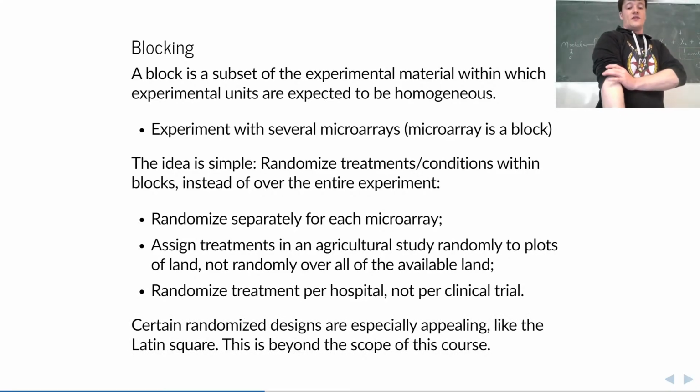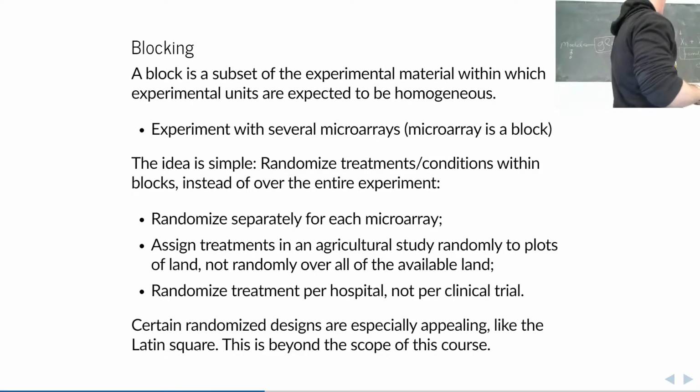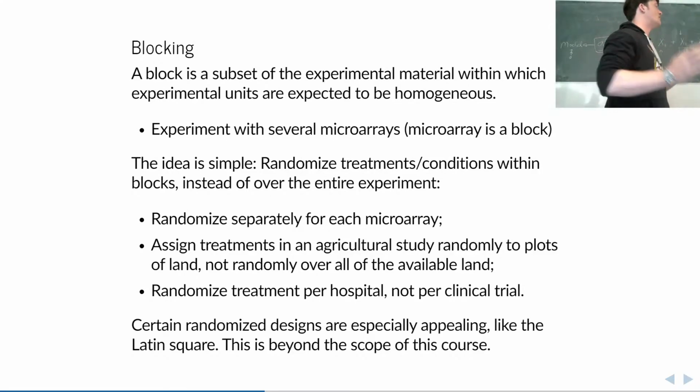Certain randomized designs are better than others. For example, if you have an actual field of land, you could use a Latin square, which means that all the rows and all the columns contain all the different treatments, and it's random. I'm not going to show that here because you don't have to know that for this course.